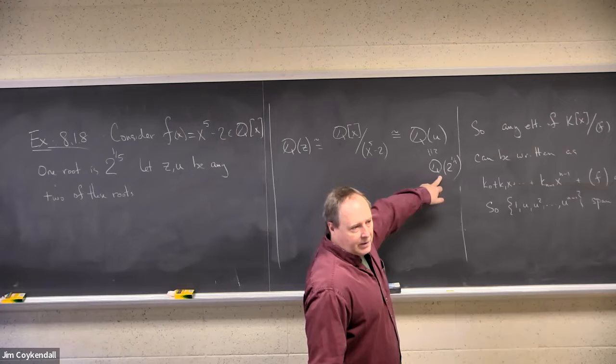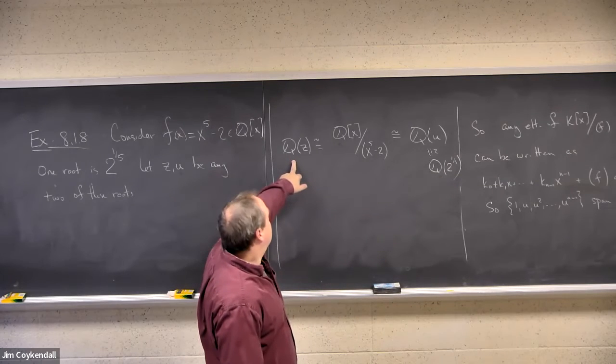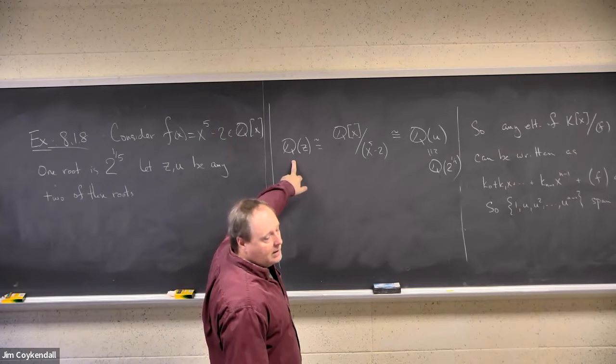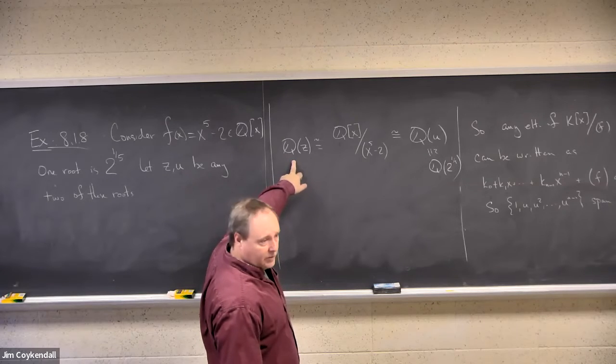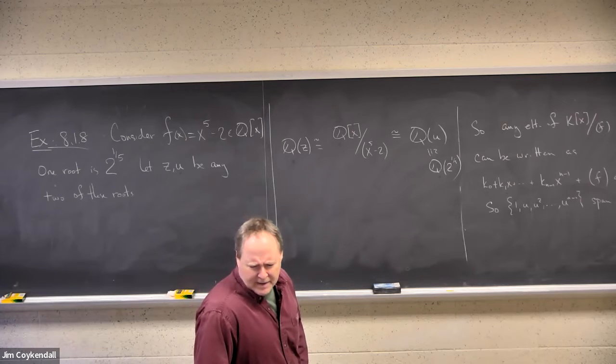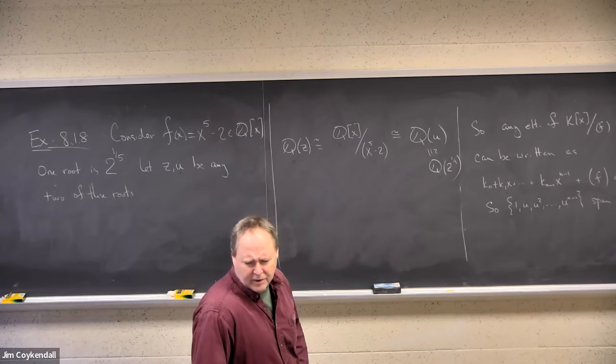That is, it's a subfield of the real numbers. This field, if Z and U are different, is not a subfield of the real numbers, and yet they are isomorphic, which is maybe a little bit surprising. So Q(U), if U is the real one, is a subfield of the real numbers. Q(Z) is a subfield of the complex numbers, but it's not a subfield of the real numbers.